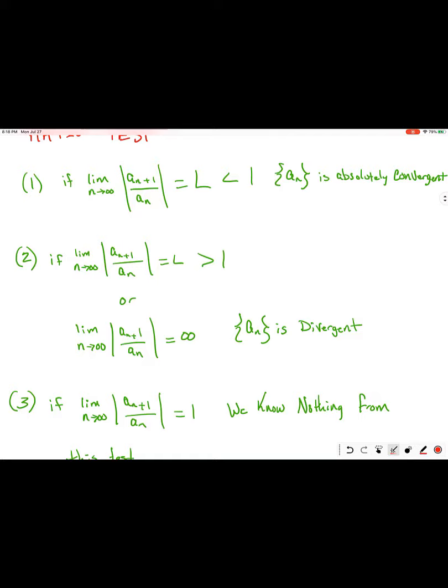If that limit is less than 1, then the series is absolutely convergent. And remember, if the series is absolutely convergent, that also means that the series itself is convergent.